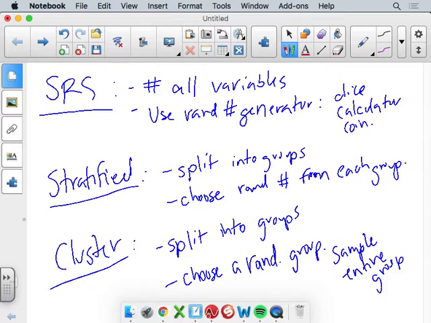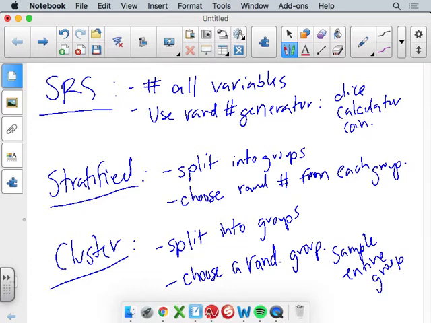Once you're in your group, you're either randomly chosen and you get that vaccine trial, or stratified is you're split into all these groups, maybe based on age, and they chose 3 teenagers, 3 20-year-olds, 3 30-year-olds, 3 40-year-olds. They got an equal number from each group. So that's the difference. And those were some things on that free response that just felt like we needed a little reminder.